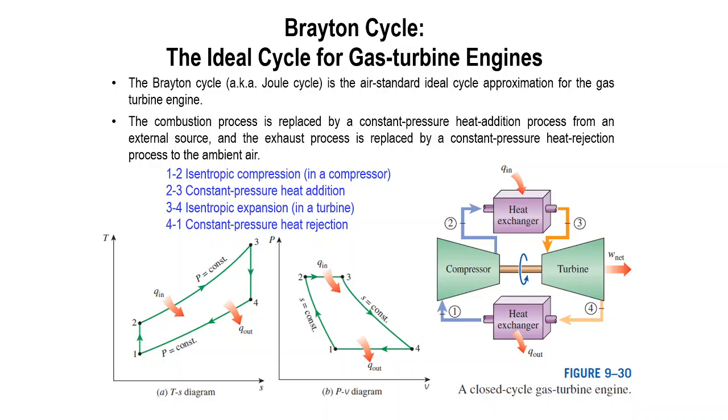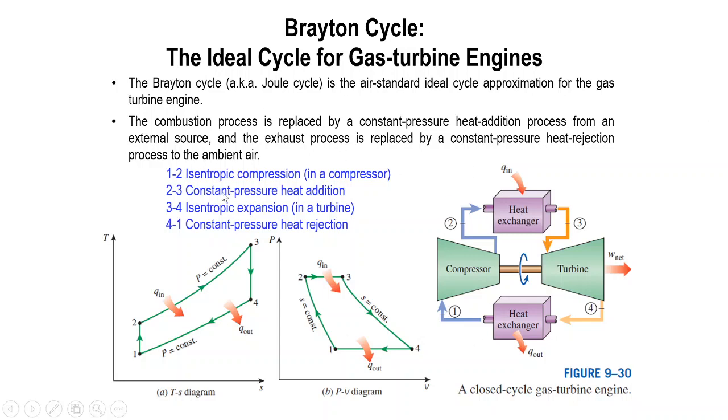The combustion process is replaced by a constant pressure heat addition process from an external source, and the exhaust process is replaced by a constant pressure heat rejection process to the ambient air. So we have four processes.